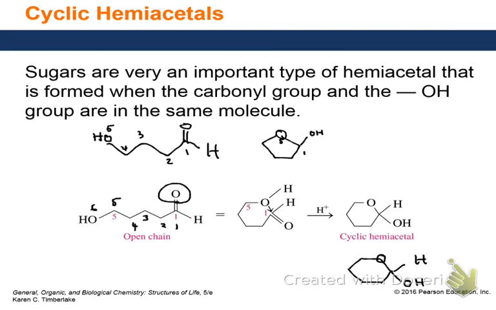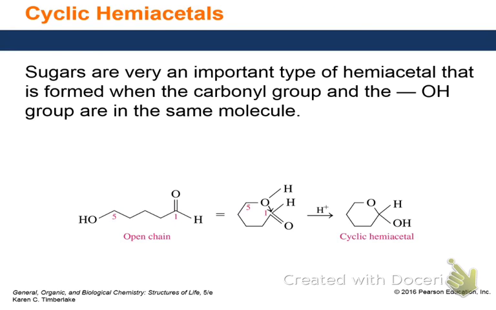So let me show you another example that's more relevant to the biochemistry we're coming up to. I'm going to make something similar. Now I'm going to make a ring, but I go from the carbonyl group to the oxygen of the alcohol.